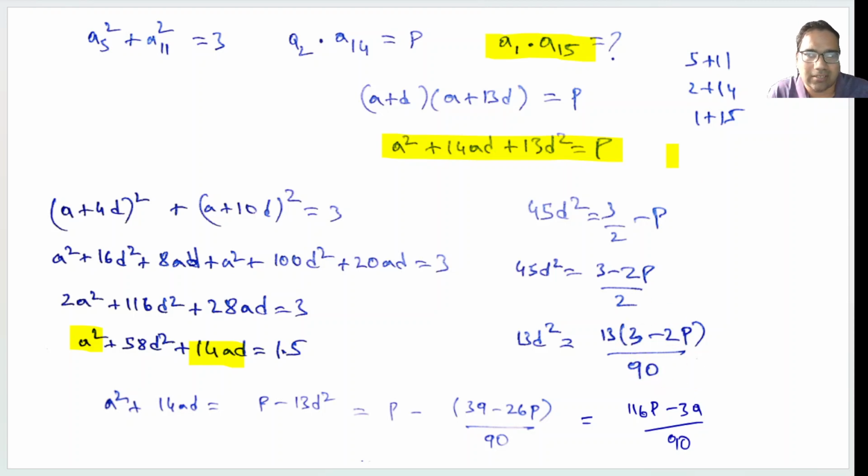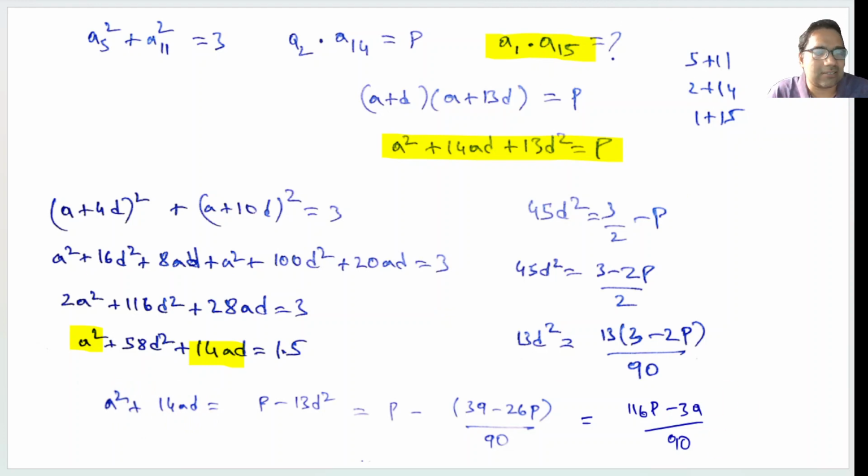This is in terms of P. So P minus something which is in terms of P is what we want. P minus 13 into 3, that is 39, minus 13 into 2, 26P, by 90. So 90P plus 26P is 116P, minus 39, by 90 is A square plus 14AD. That is the product of A1 and A15 in terms of P.